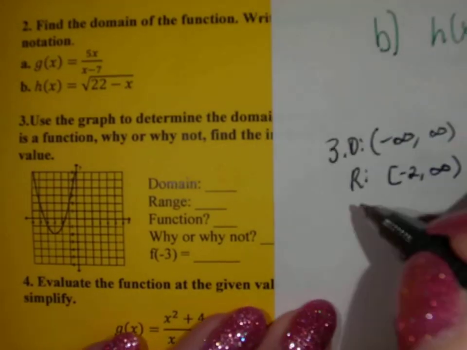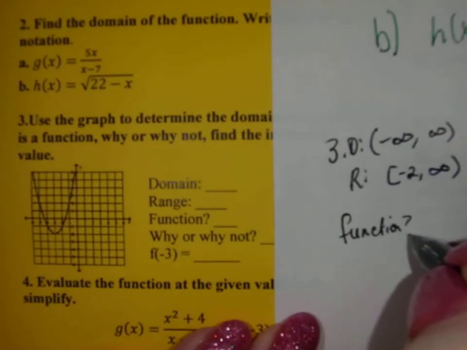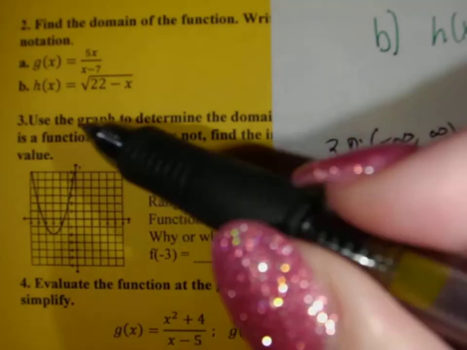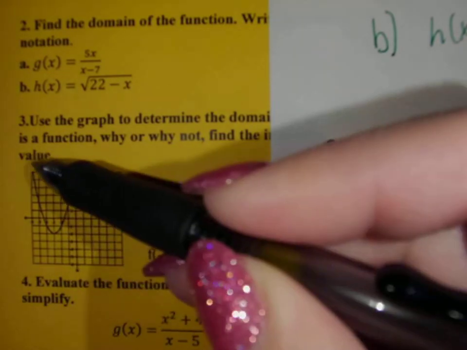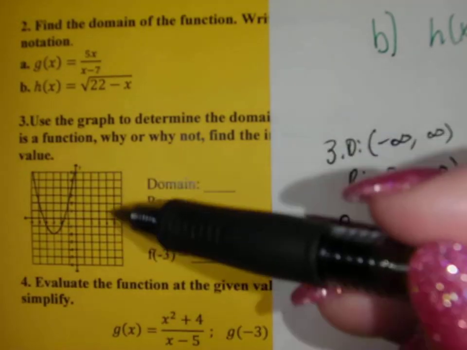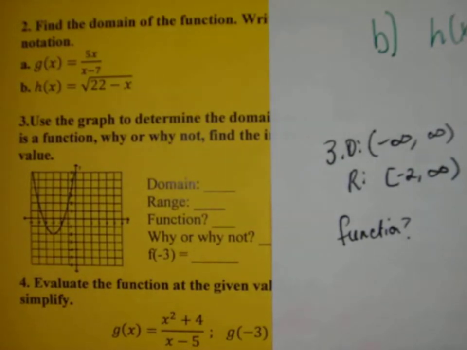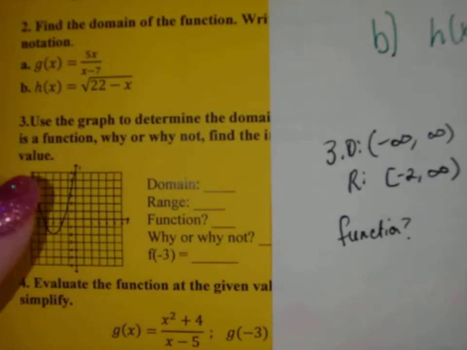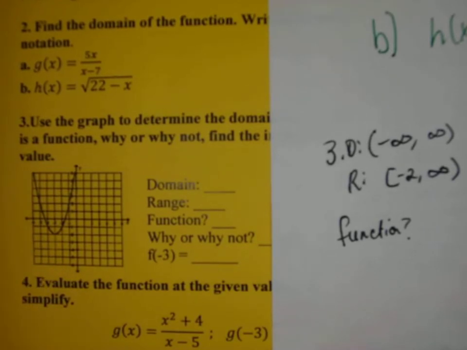All right. And then we want to know, is it a function? Well, how do we test a function? On a graph, we can draw the vertical line, and as long as we draw a vertical line on the graph itself, like don't draw over here, but where our graphed numbers are, if I can draw one line, I can see that it will only pass the graph at one spot.